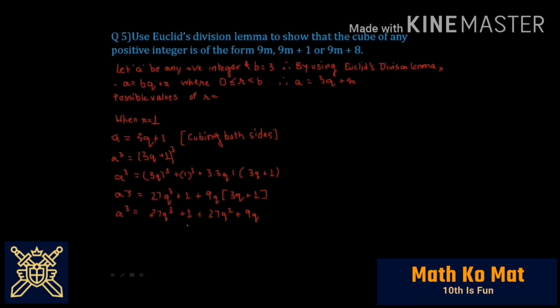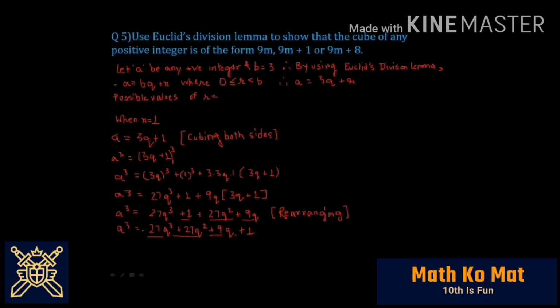Now the degree of all these terms is not in descending order, so we have to rearrange them. On rearranging these terms, we get that a cube would be equal to 27q cube, then the smaller degree plus 27q square, then 9q plus 1.